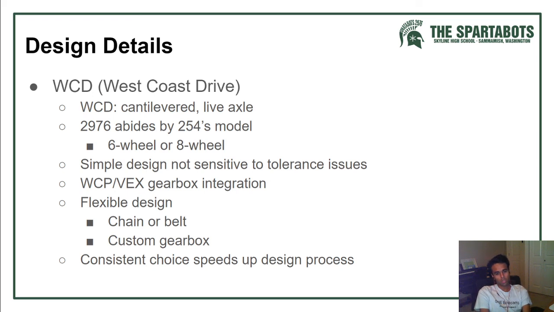And then you want to use custom gearboxes to get the speeds that you want and the speeds that you need. And then consistent choices speed up the design process. So you want everyone to be on the same page, everyone to be designing around the same central idea.